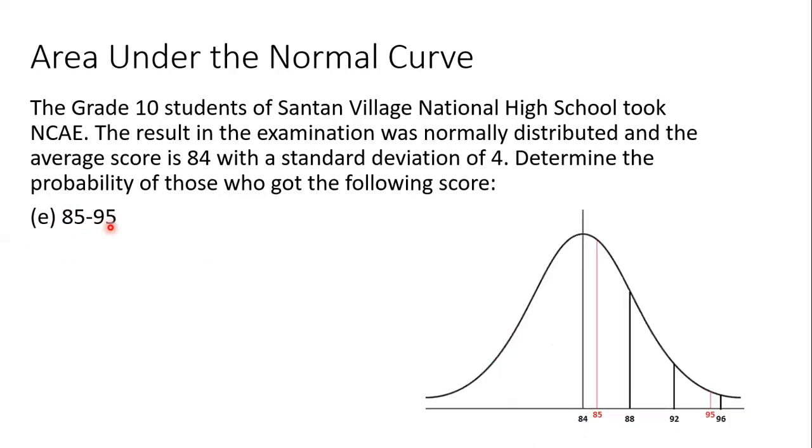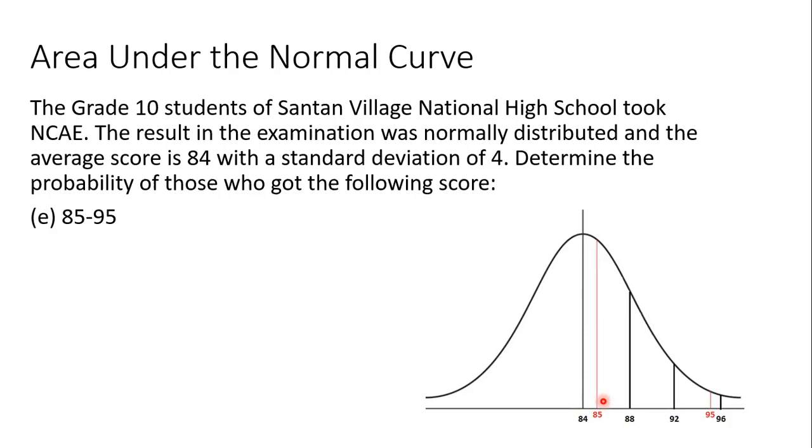For letter E, we are asked to determine the probability of those who scored 85 to 95. So as you can see, 85 to 95, our concerned area is not exactly coming from 84, or ibig sabihin hindi po nakadikit sa ating mean. So wala po tayong direct na areang makukuha sa table.